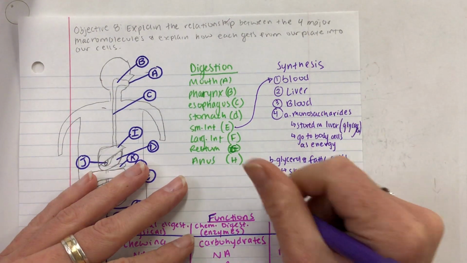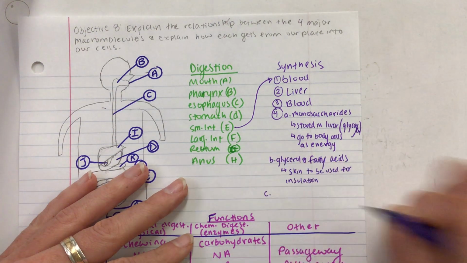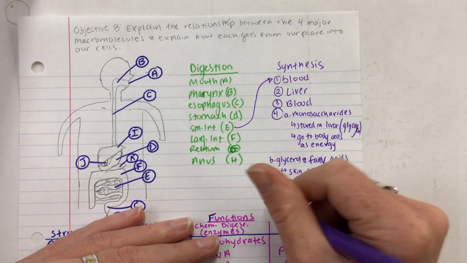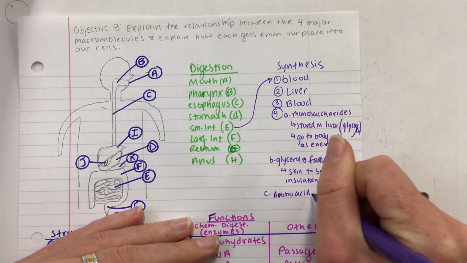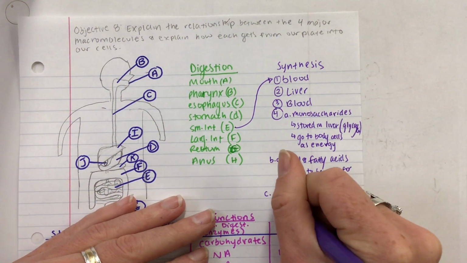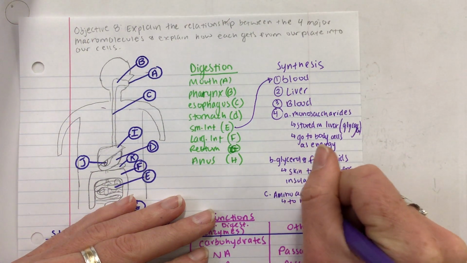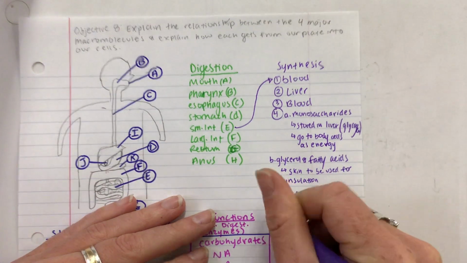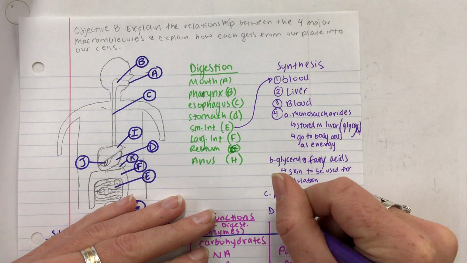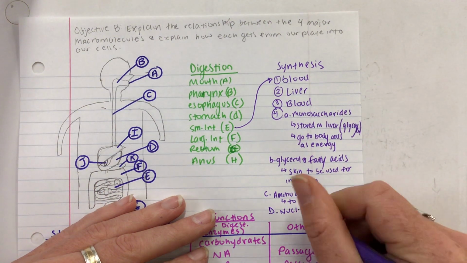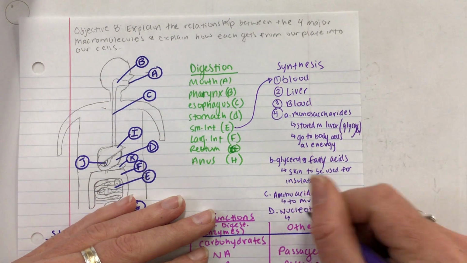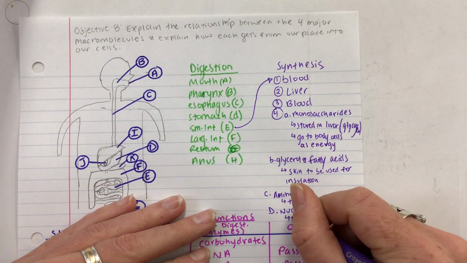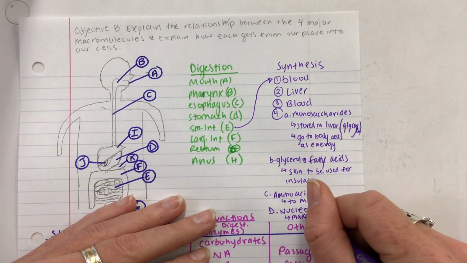We have letter C, I'm probably going to run out of room, which is amino acids. The building blocks of proteins. So one place they could go to muscles. And we have letter D, which is nucleic acid, or nucleotides. The building blocks of nucleic acids. They could go be used to make new cells.